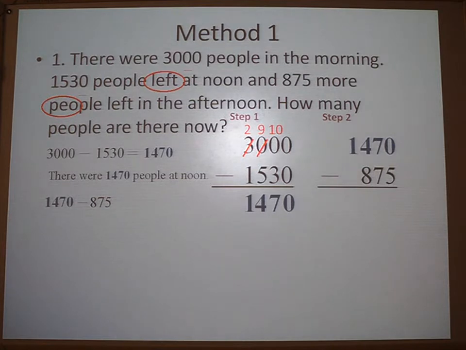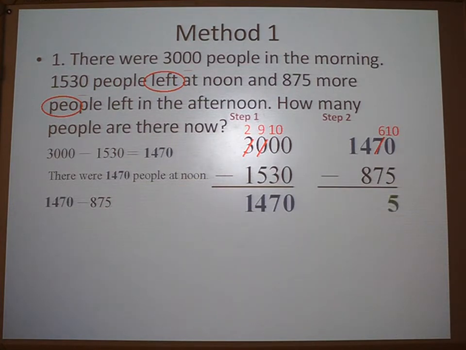In the column form, it will be 1,470 at the top, and then minus 875. For the unit place, 0 minus 5, which is not possible. So therefore, we need to borrow from the 10th place. For the 10th place, it will be equal to 6 now. And for the unit place, it will be 10. 10 minus 5 equals 5.